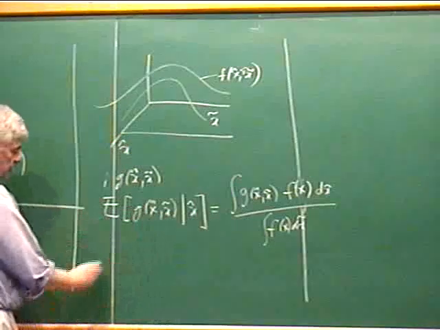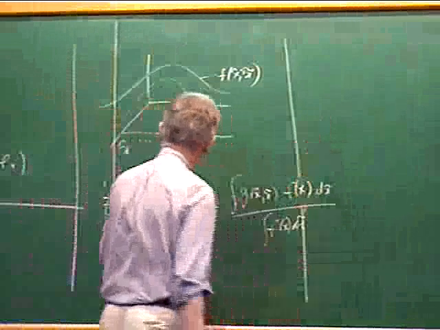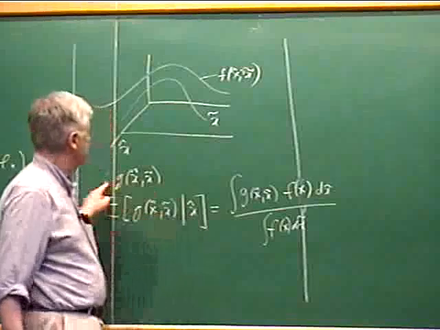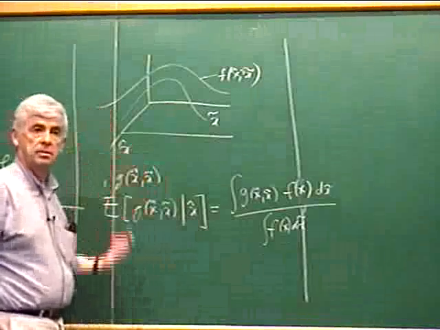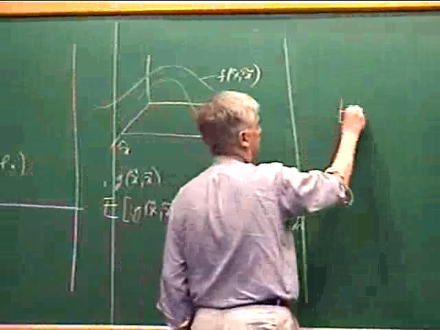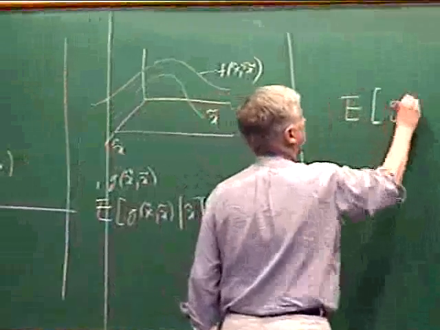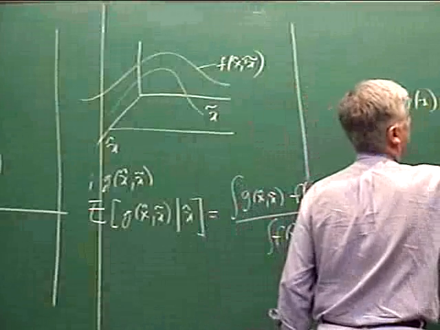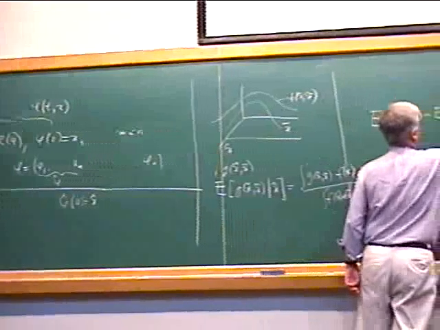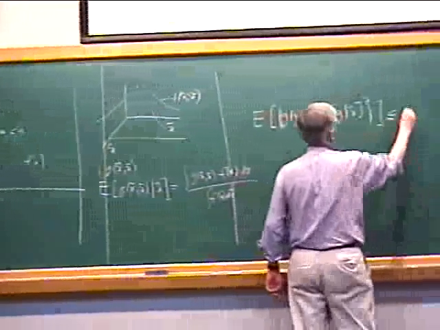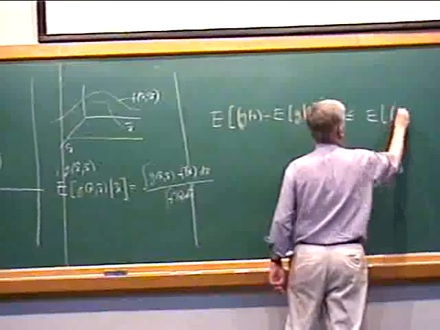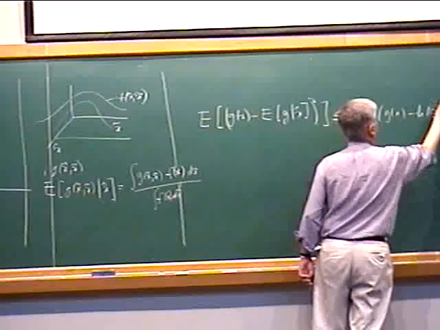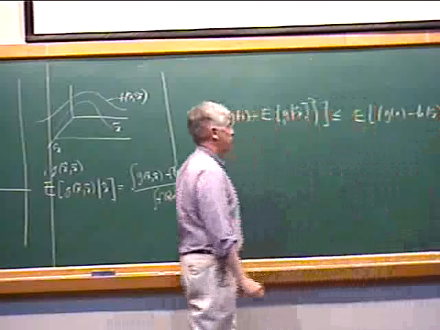And there is a basic theorem which tells you that this is a function of x roof alone, which best approximates this function in the mean square sense. So you have an inequality which tells you that the expected value of g of x minus the expected value of g of x given x roof, the whole thing squared, is less than the expected value of g of x minus any other function h of x roof, squared.